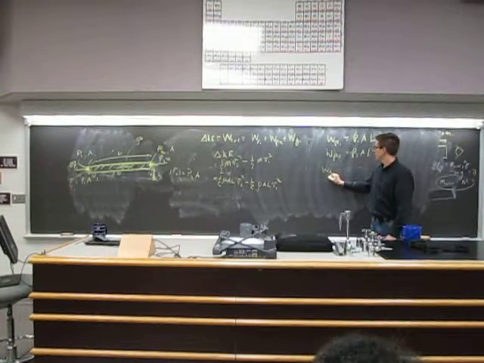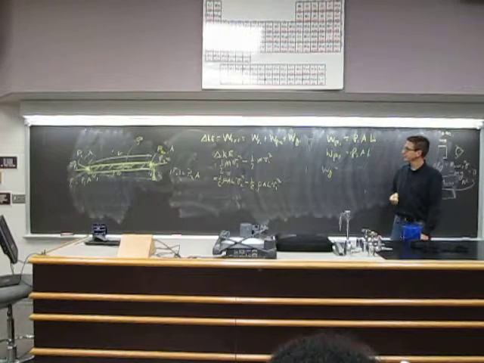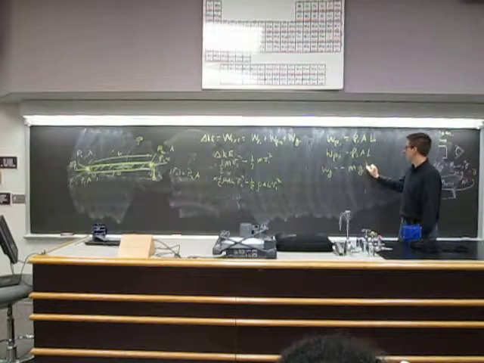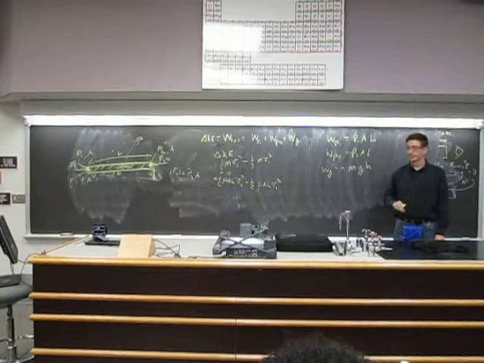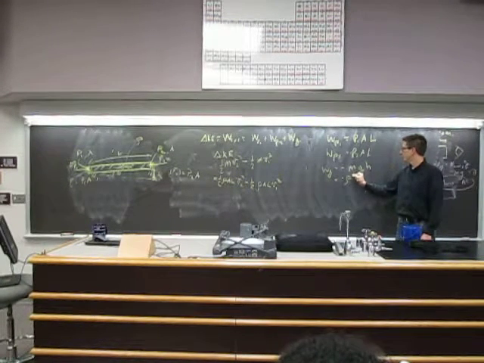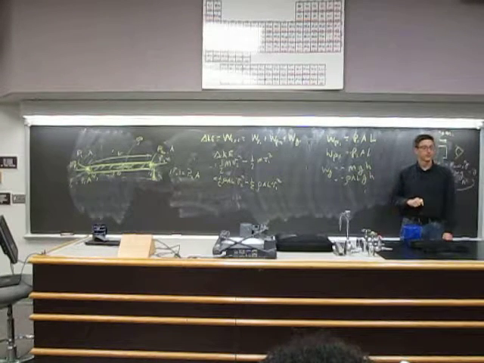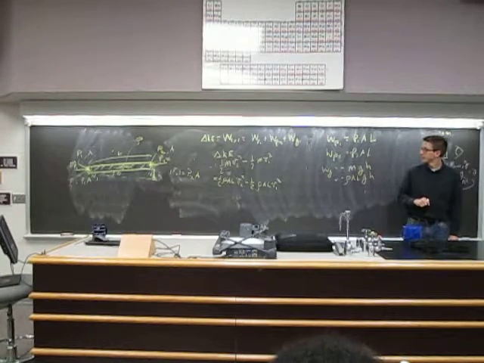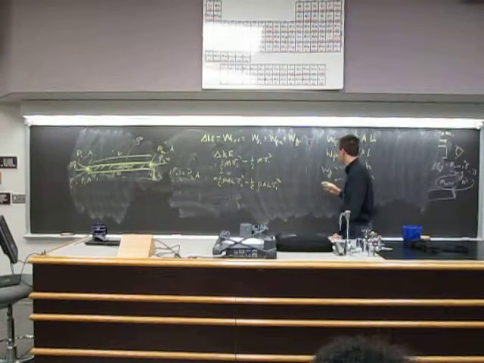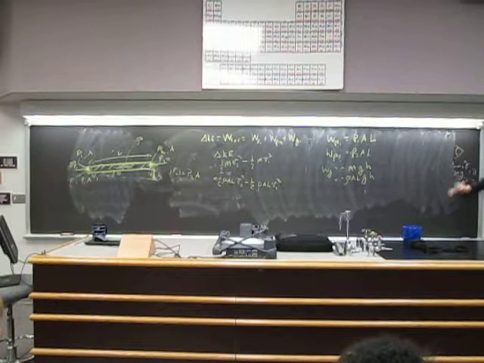Work done by gravity is just negative the change in potential energy. That would be minus mgh, and that would be minus rho ALgh. All right, let's write out all of this combined together and then see what we get.